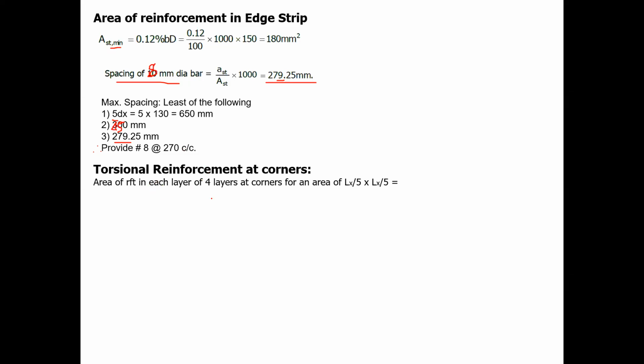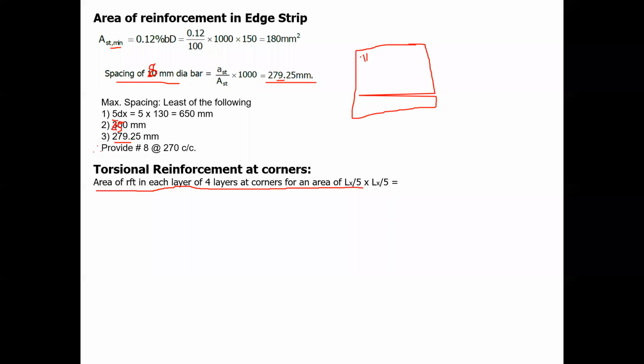So this is as per the codal provision. Area of reinforcement in each layer of 4 layers at corners, for an area of Lx by 5 into Lx by 5. When you consider the slab like this, at corners you are going to provide the torsional reinforcement on all the 4 sides.